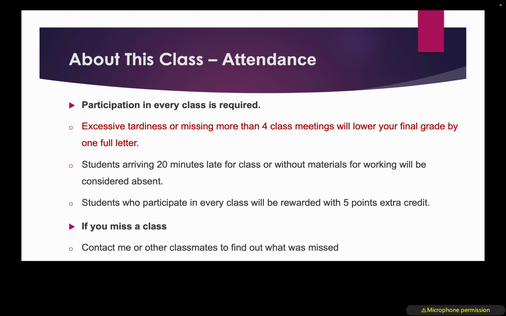Because this is an in-person class, participation in every class is required. For the entire semester, you can miss 4 classes without any excuse. If you miss more than 4 classes, it will lower your final grade by 1 full letter. You should also be on time for every class because the first 20 minutes of the class is very important.